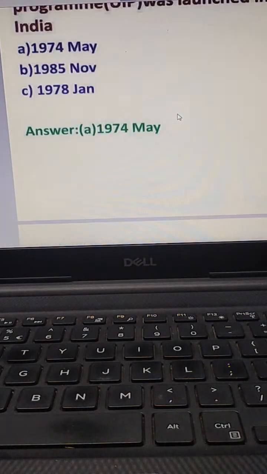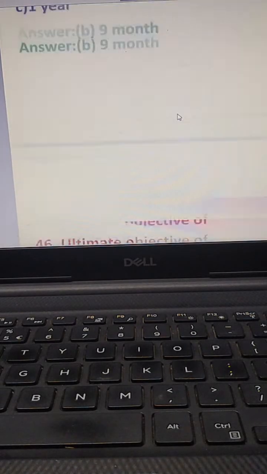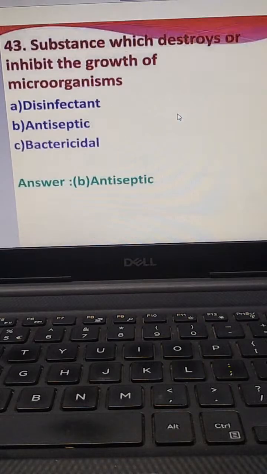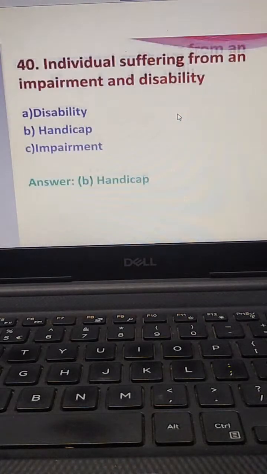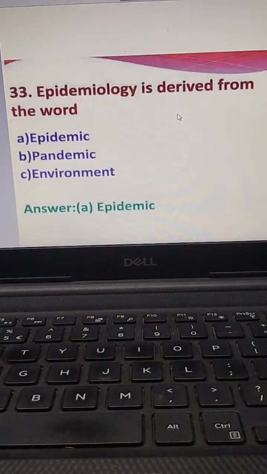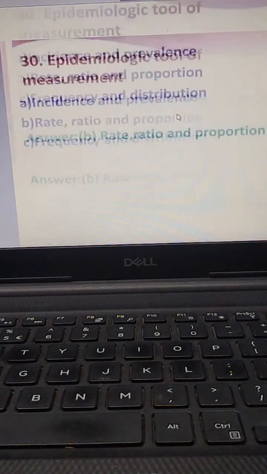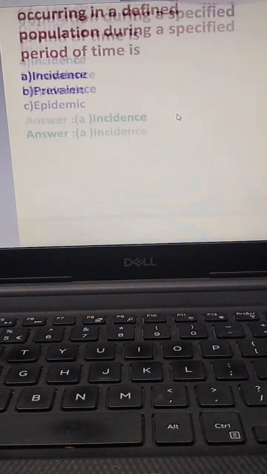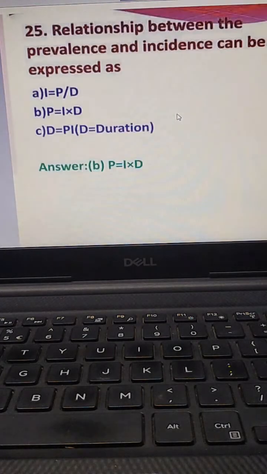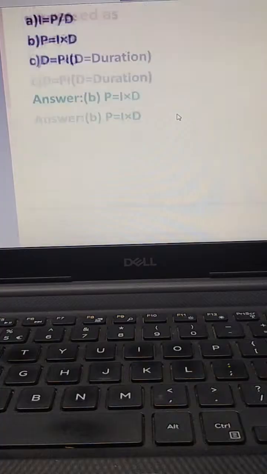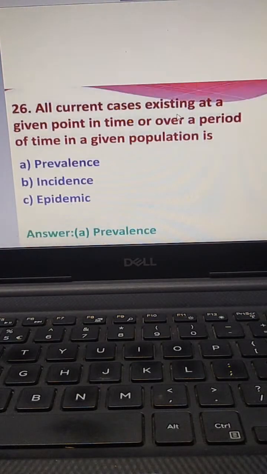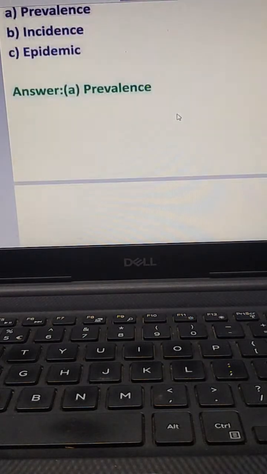So once we recall all the MCQs from the 25th onwards, 25th question, 26th question. All current cases existing at a given point in time or over a period of time in a given population is prevalence.